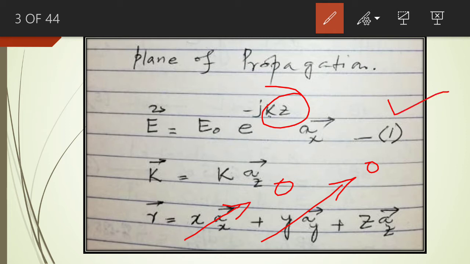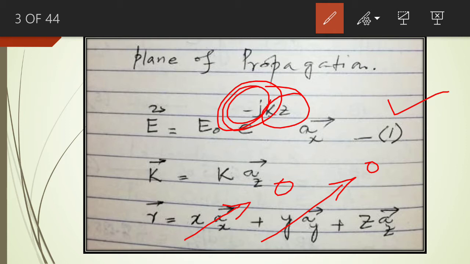The electric field intensity is equal to E naught e raised to power minus jkz, Ax. Ax is the unit vector, and this unit vector gives you the direction of this vector E, which is the electric field intensity. This minus sign indicates that the wave is traveling along positive z axis.